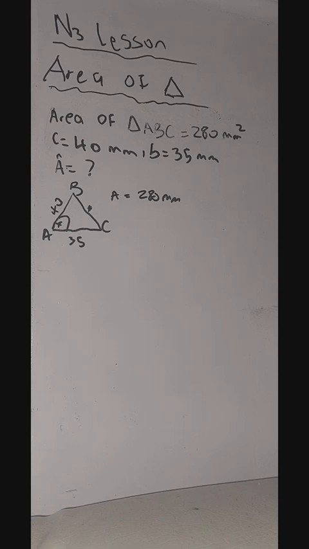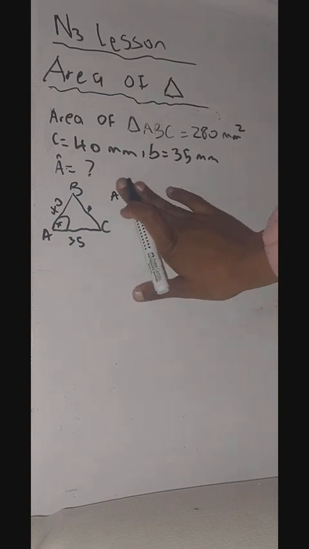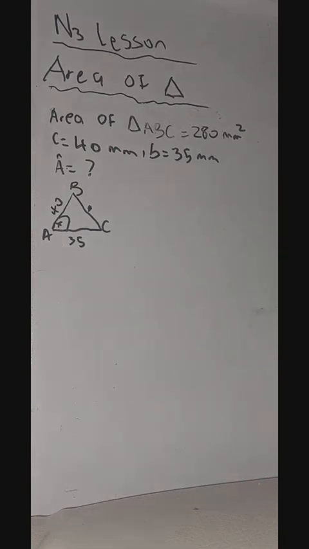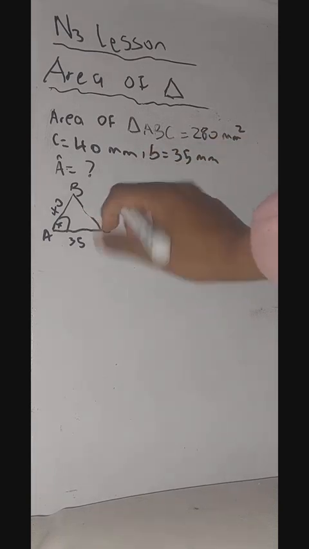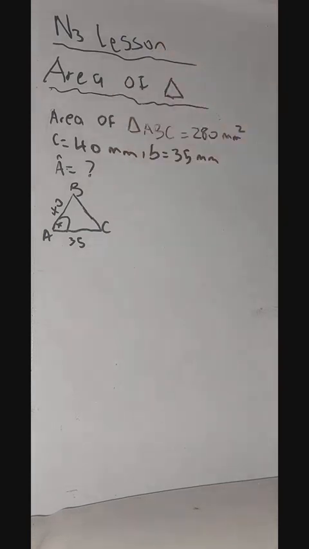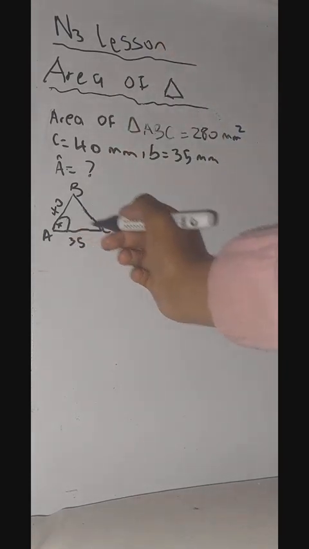Do we have anything of A? No, but do we have something of B and C? Yes, we have only the sides. So let's see which method we could use. Oh, okay, guys, let's cancel this because it's already clear. Let me not make something that is easy difficult.